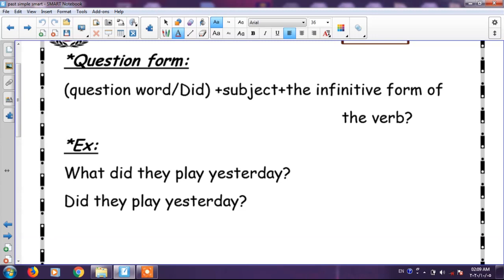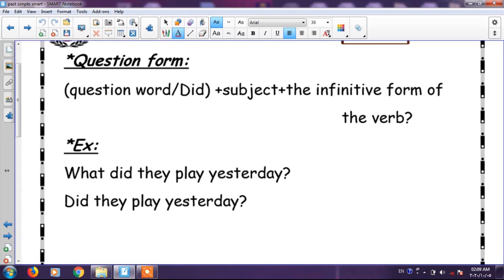Okay, what is the meaning of infinitive? The verb as it is, the first form of the verb. For example here, what did they play yesterday? Here the WH question. And it starts with what? After the question word, I put did and I complete my sentence as it is.